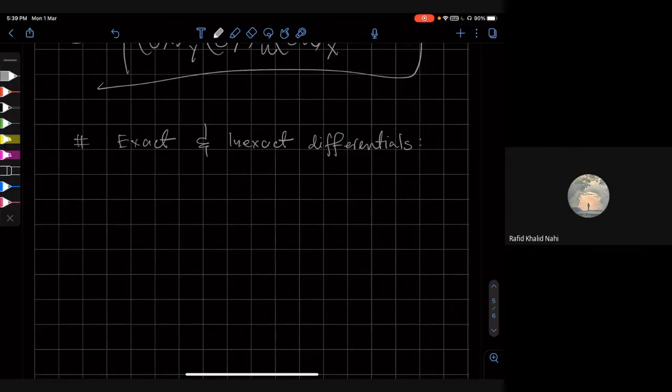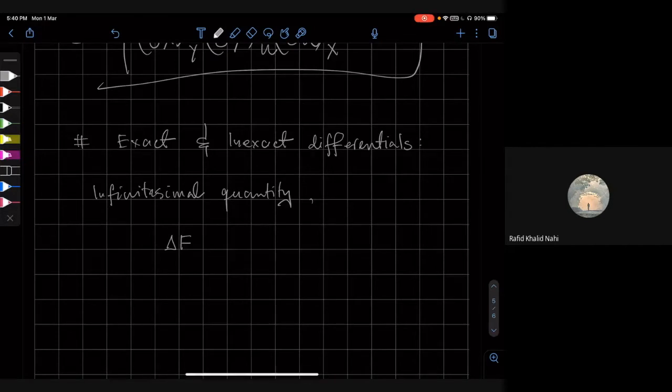So suppose we have an infinitesimal quantity which is a function of this form.